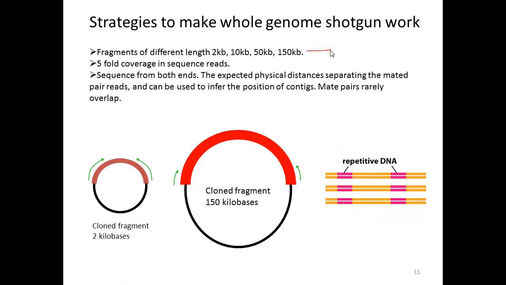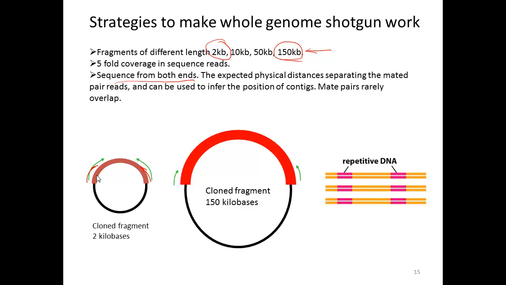And this is where the different fragment sizes come into play, and the fact that you're going to do paired end reads, so it means sequencing from both ends. So let's look at two of the sizes, 2 kilobases and 150 kilobases. Here we have a cloned fragment, and we're going to sequence on both ends.